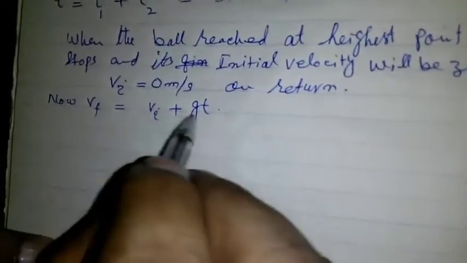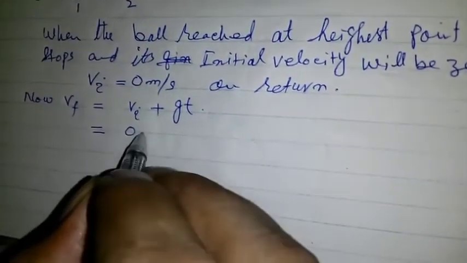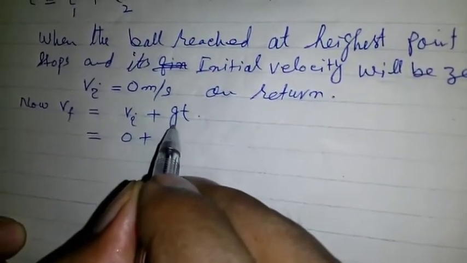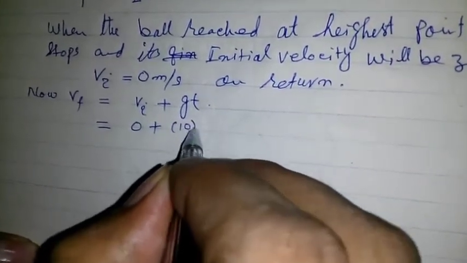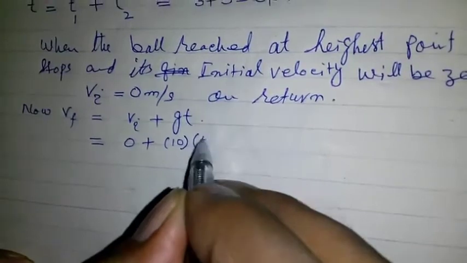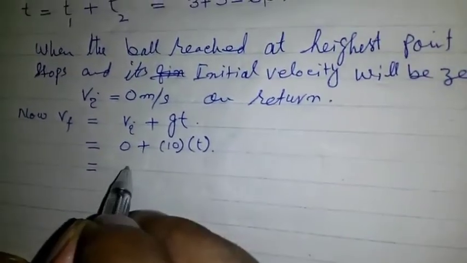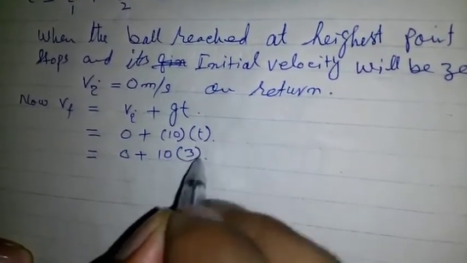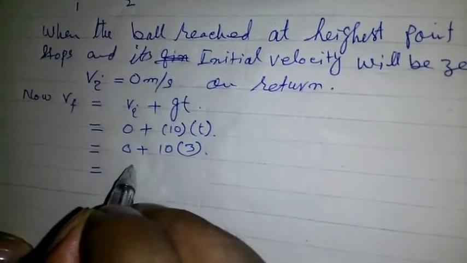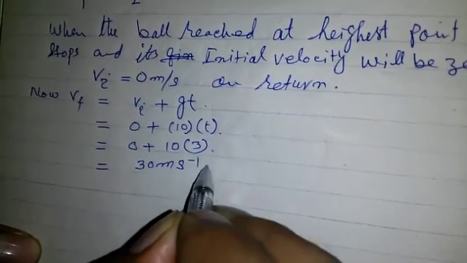Vf is equal to Vi plus gt, which is equal to Vi is 0 and g, gravitational acceleration, is equal to 10. T is equal to 3 for the single journey, which is equal to 0 plus 10 into 3, which is equal to 30 meter per second.